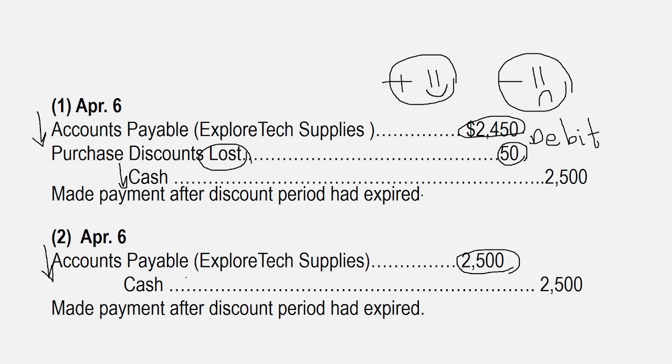Accounts payable belongs to the liabilities, and decreasing liabilities is considered a debit. And also the total amount of cash decreases because we pay this cash for the elimination of the liabilities. Cash outflow takes place, decreasing cash, and decreasing cash is considered a credit by $2,500.